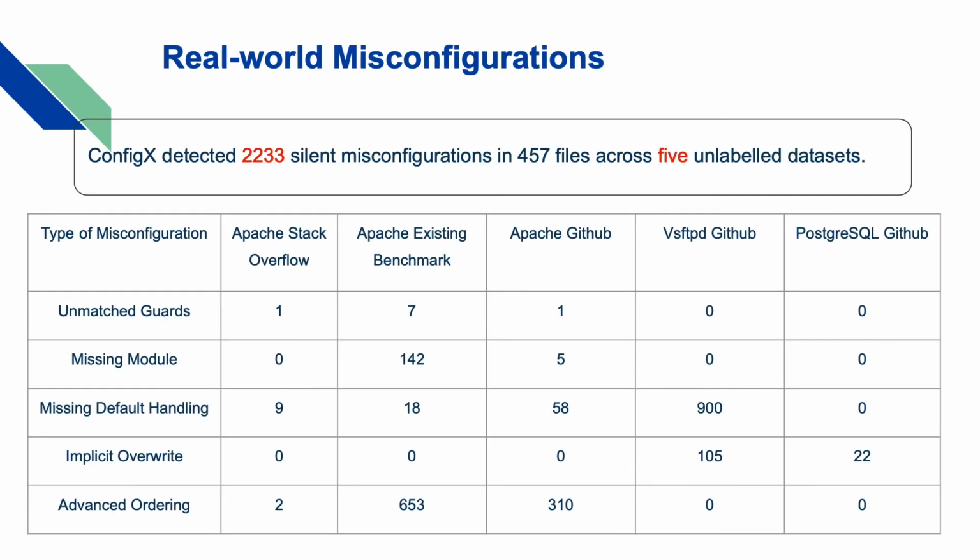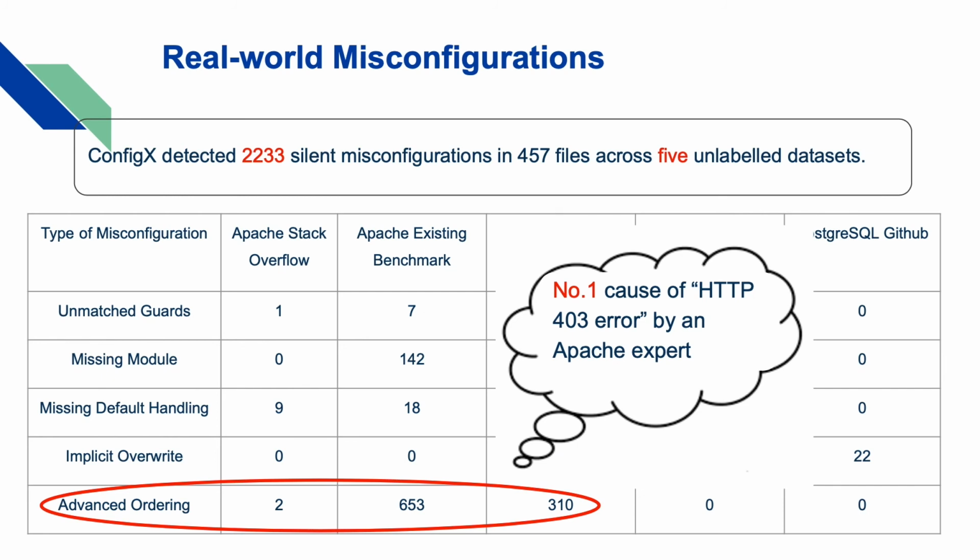We used our detected rules and ran our tool ConfigX on these 5 datasets. 3 of them are for Apache, 1 for vsftpd, and 1 for PostgreSQL. We have detected more than 2,200 silent misconfigurations. Our detected advanced ordering errors have been recognized by an Apache expert, saying that this is actually the #1 cause of HTTP 403 error.